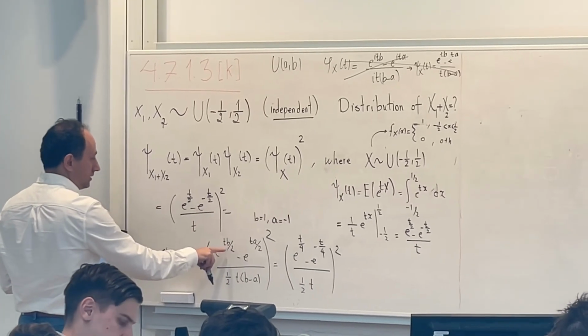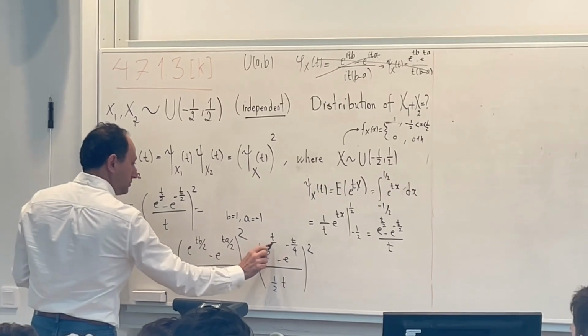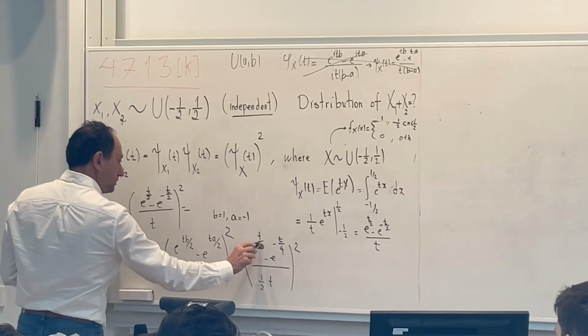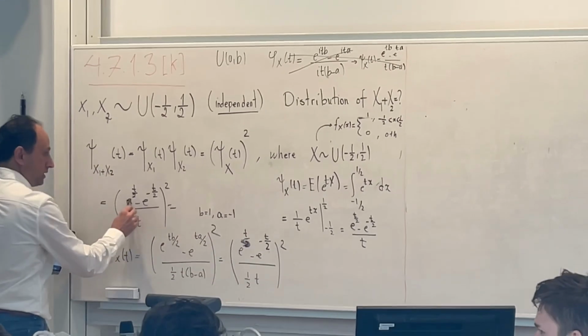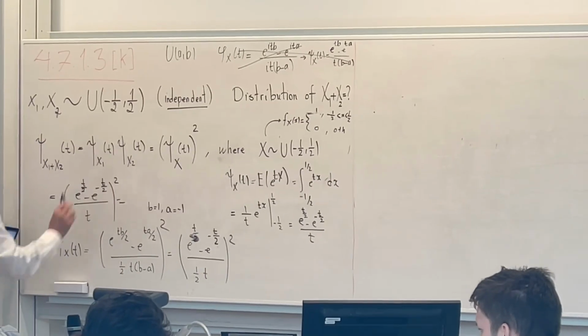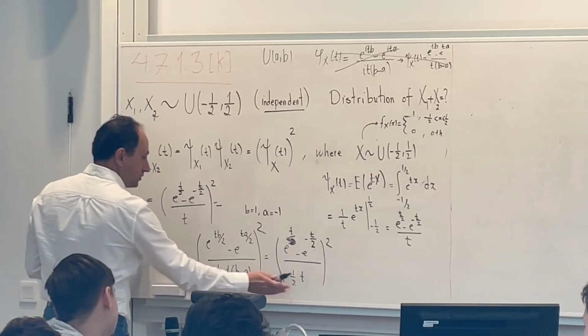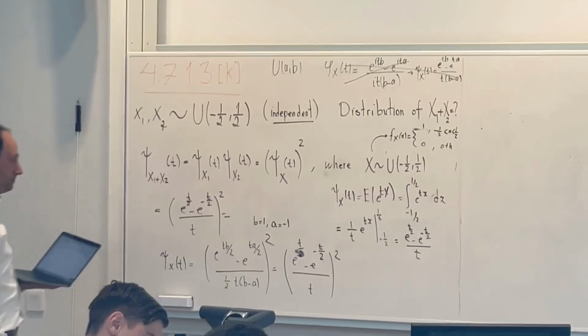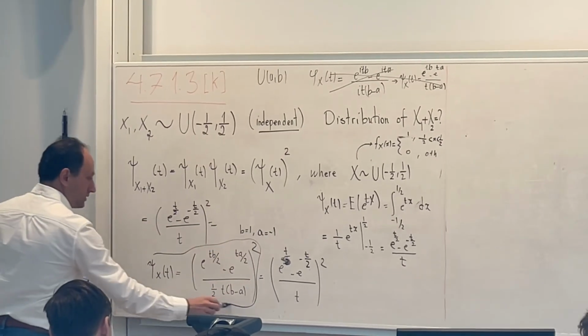So then this becomes t over 2. This becomes minus t over 2, which is the same. I have the power of 2, that's also correct. Then 1 over 2 is the same, but this becomes a 2. Yes, that's correct. So you see, this one, I read it from the back of the table.